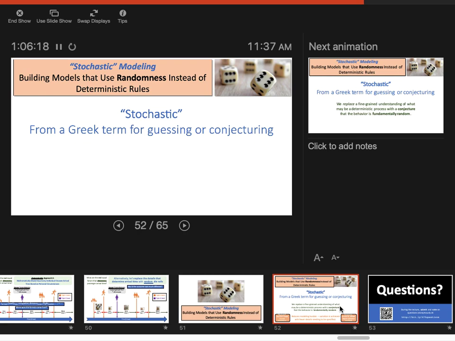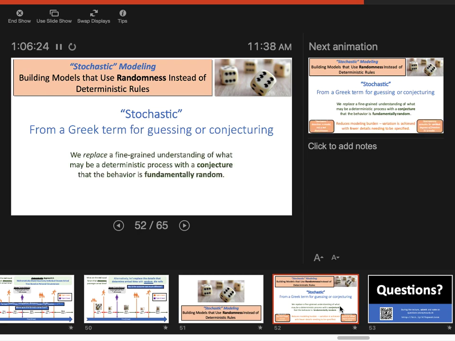Random means something probabilistic, but stochastic is describing a way in which we model where we use randomness even if we know that the underlying processes aren't necessarily random. We don't care if the underlying processes are random or not. We just make a guess, a conjecture, that they're random because it's easier that way.